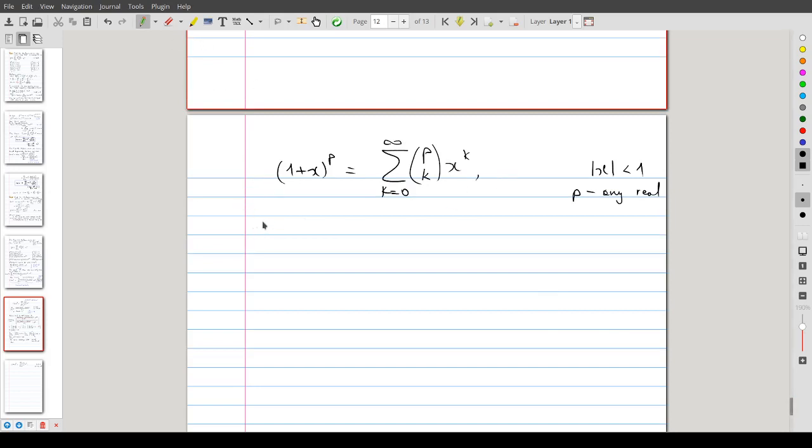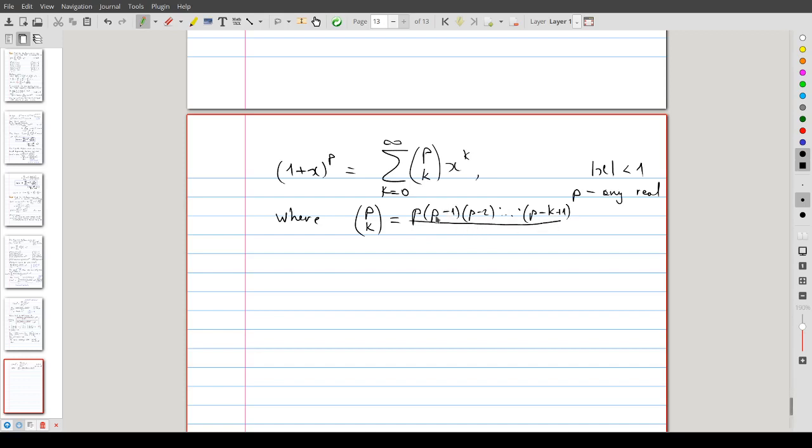And in this representation, p choose k is defined as p times (p minus 1) times (p minus 2) and so on times (p minus k plus 1) divided by k factorial if k is at least 1, and p choose 0 will be by definition 1.